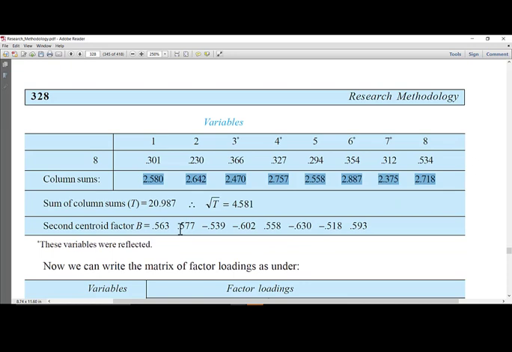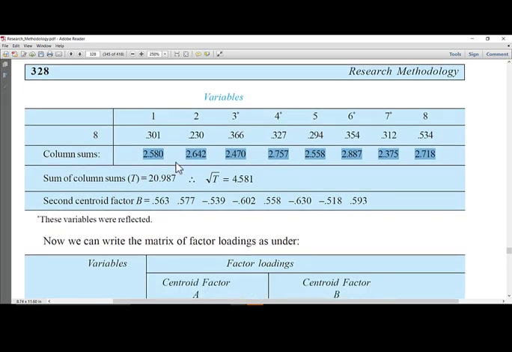So then the second centroid factor, how we have written, is this 2.580 divided by 4.581, and if you do that exercise, then you will get this 0.563.